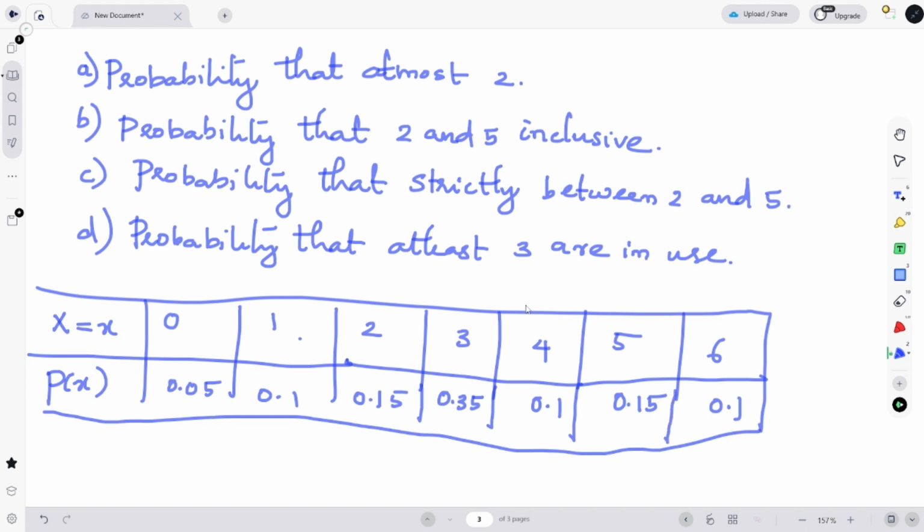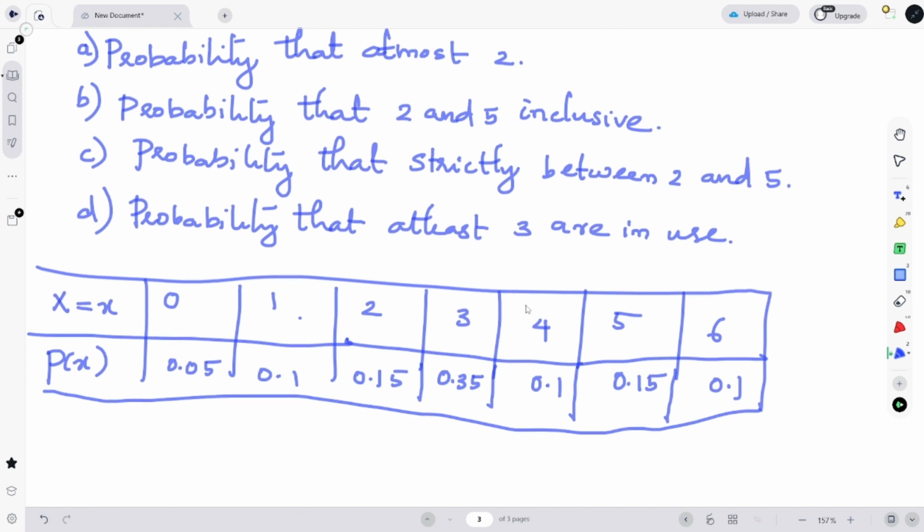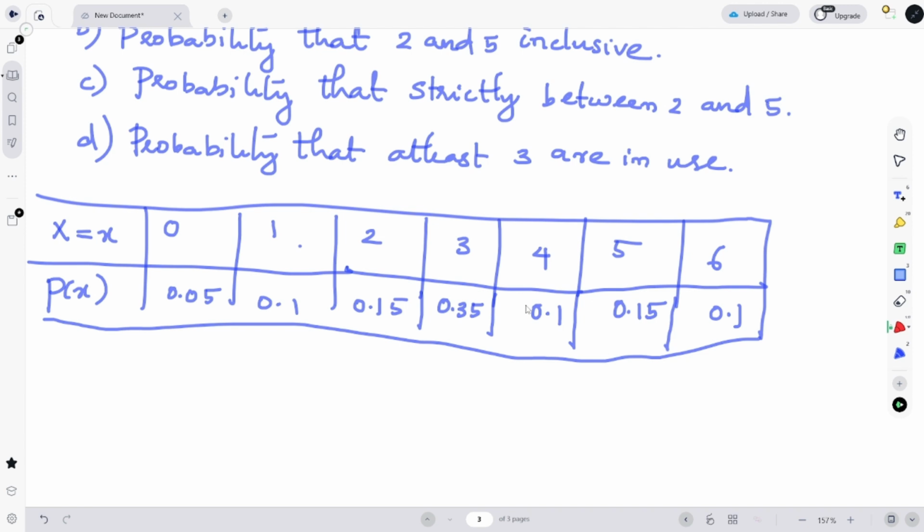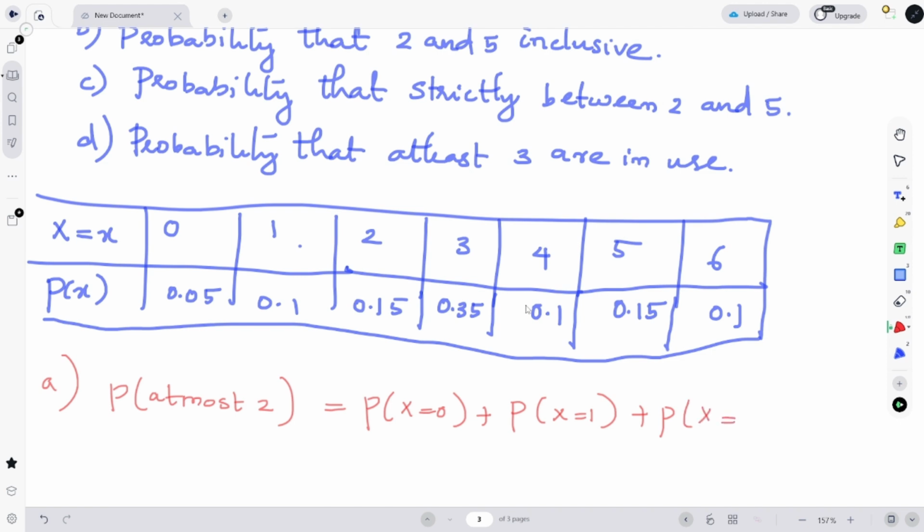Now look at the first question. Probability that at most 2. At most 2 means maximum is 2. So P of x equal to 0 plus P of x equal to 1 plus P of x equal to 2.